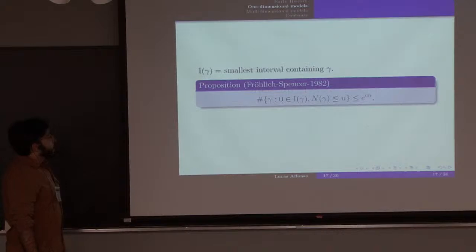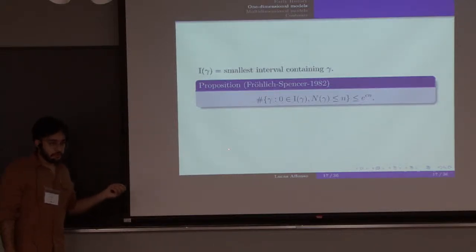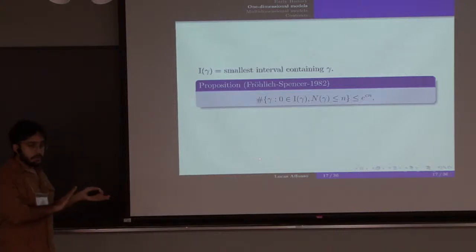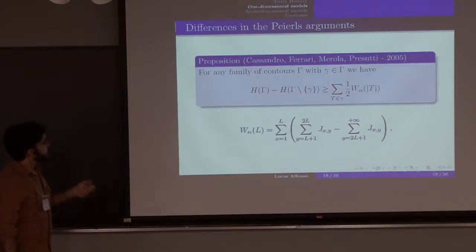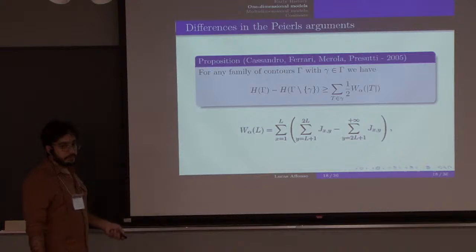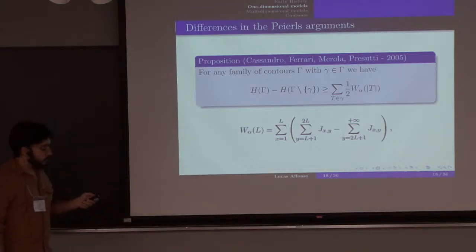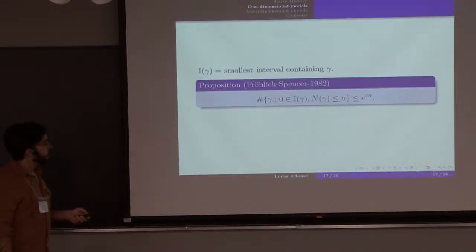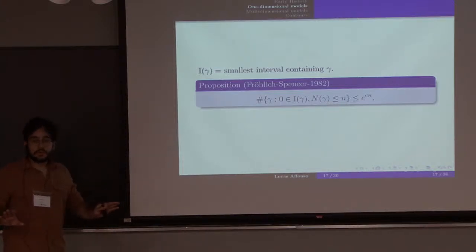Okay, but remember, this all works just for alpha equals 2. They made this for alpha equals 2. So what happened in the paper of Cassandro, Ferrari, Merola and Presutti is that, yeah, the paper is written for alpha equals 2.